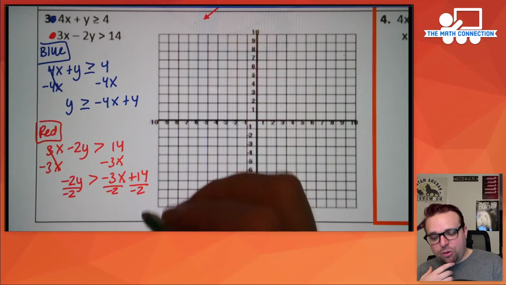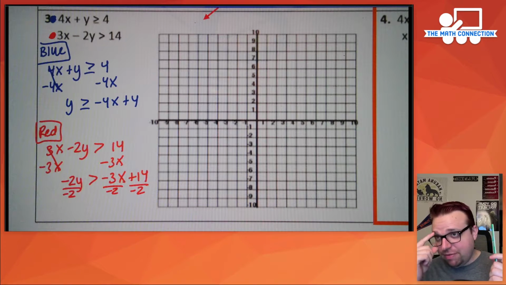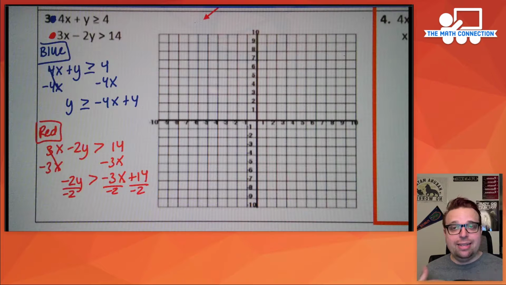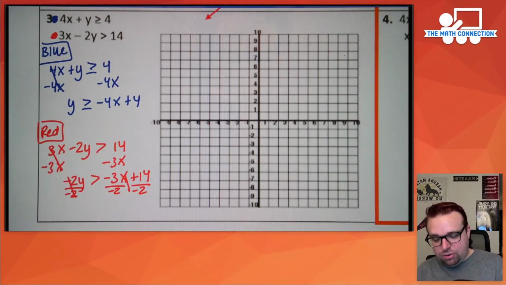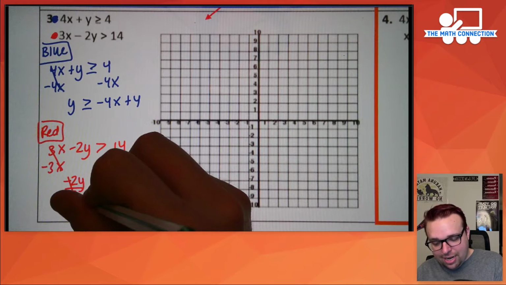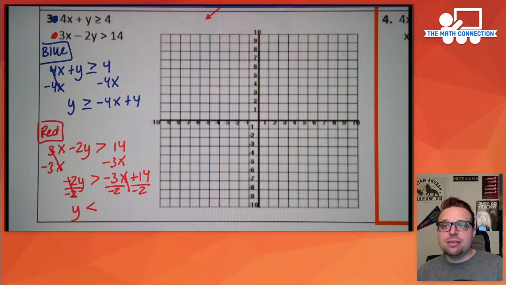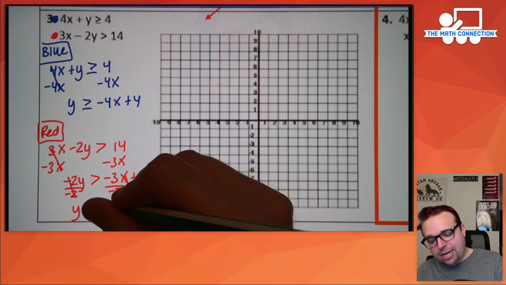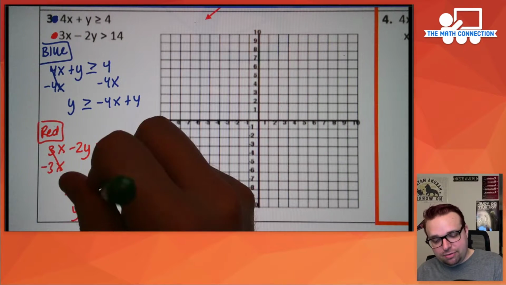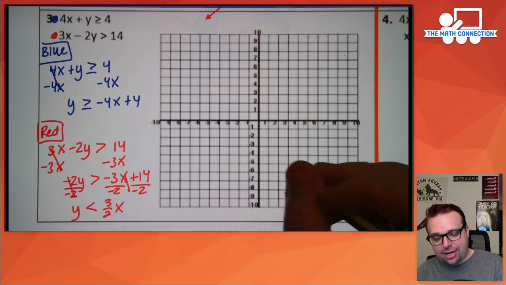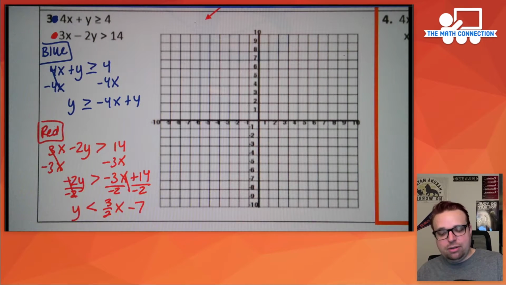There should be alarms going off in your head right now because I'm dividing by a negative. So what is happening? I need to cancel that out. Y is less than. I need to flip the sign. And this will be negative. No, it'll be positive, I lied. Negative divided by negative is a positive. 3 halves x minus 7.